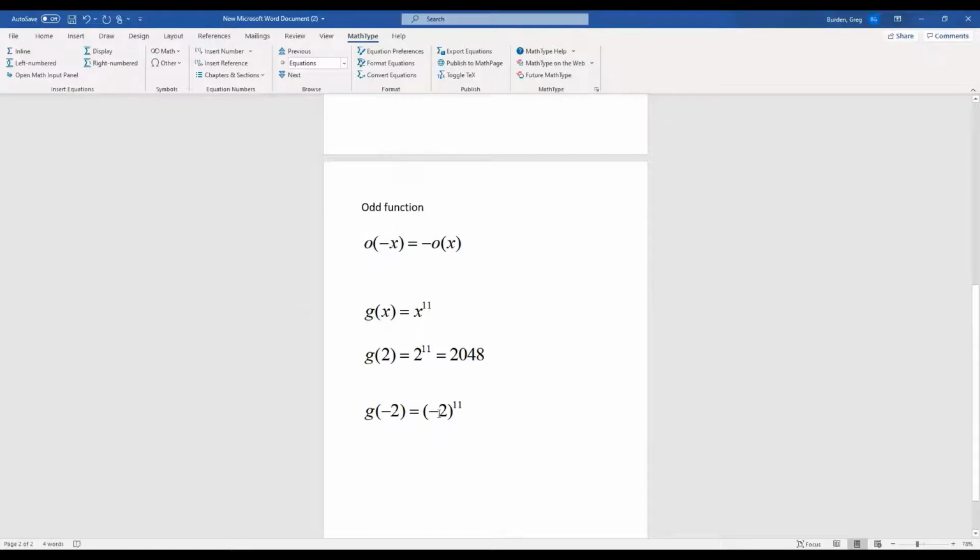If I don't have parentheses, it's actually the opposite of 2 to the 11th power, whereas what I've got written out here, negative 2 to the 11th, is 11 negative 2's all multiplied together, which is different from just taking the opposite of 11 2's multiplied together, though you do get the same result, though you go different paths to get there.